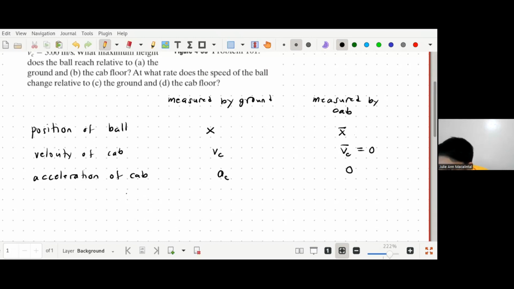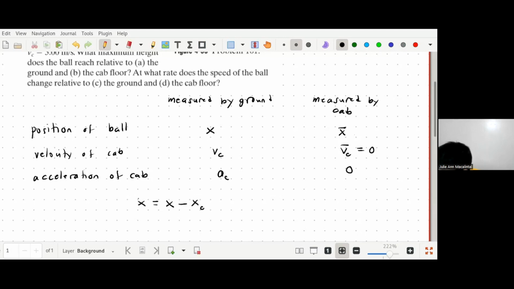So it's going to be x is equal to x bar plus position of the cab, di ba? Yeah, sorry. X bar is equal to x minus xc.